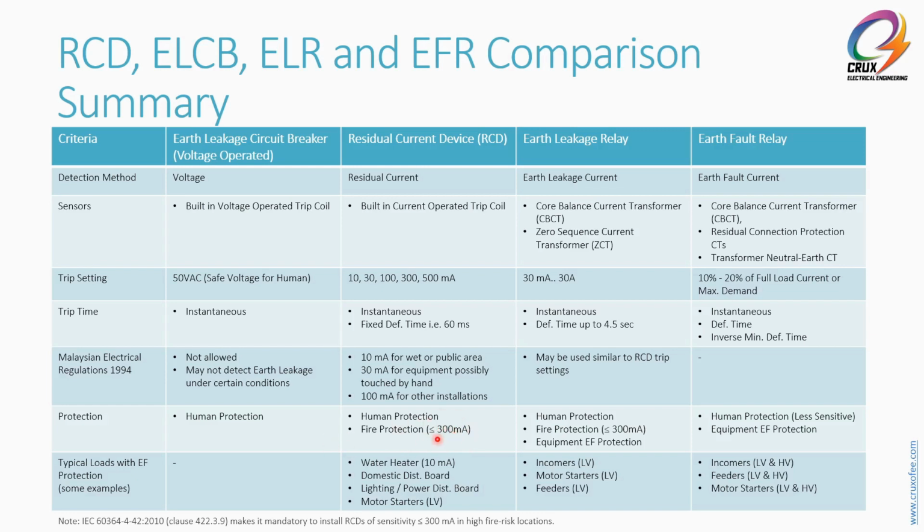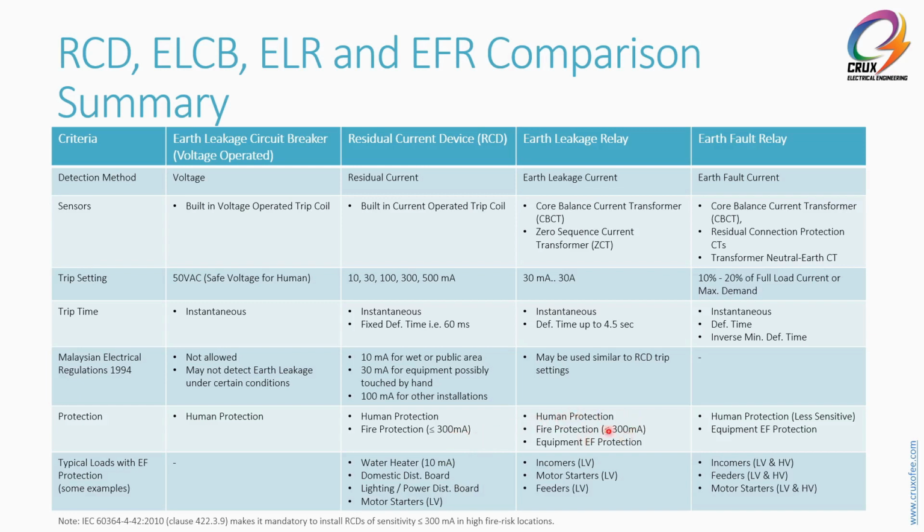For example, I take from IEC 60364, you can see in the note below: at a high fire risk location, you can install a maximum 300 milliamp RCD or ELR to protect fire risk locations.